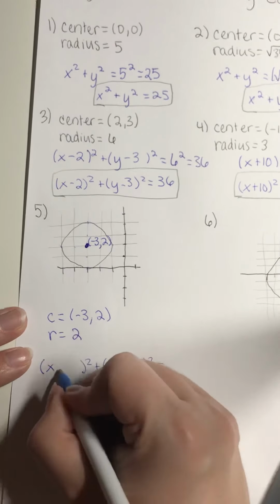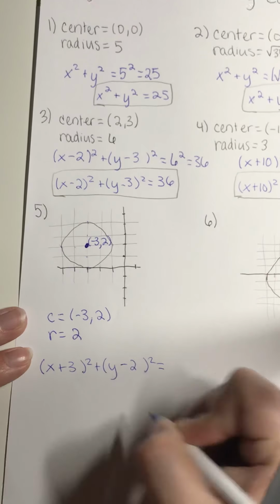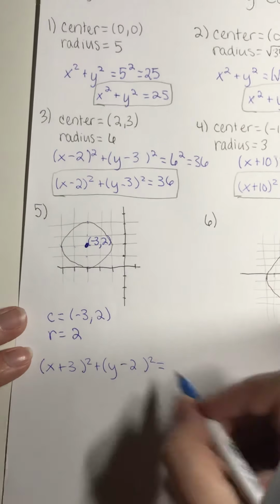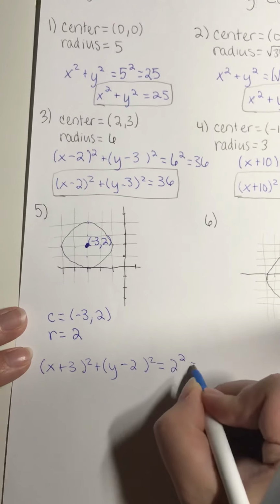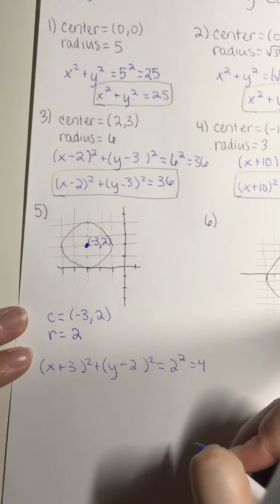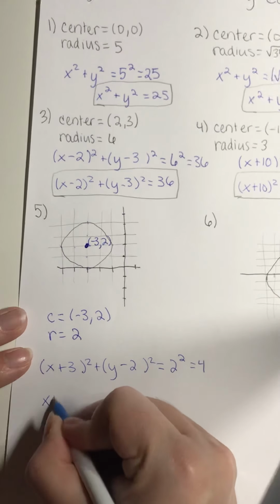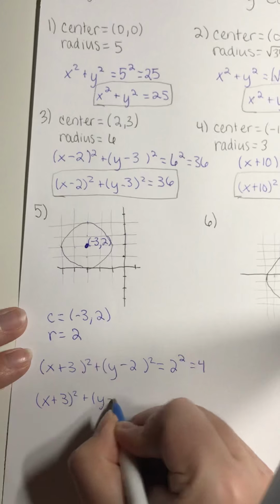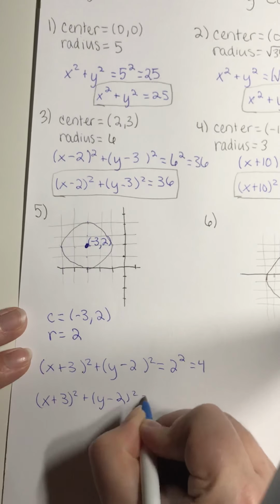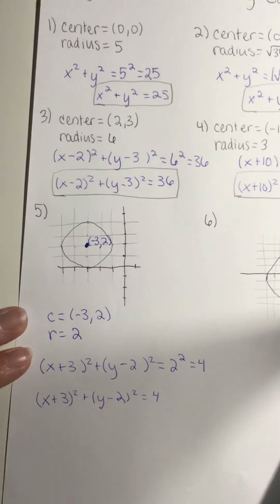The number next to my y will be the opposite of this one, so it'll be minus 2. I'm going to set that equal to r squared. If r is 2, then I'm going to put 2 squared, which is 4. So x plus 3 squared plus y minus 2 squared equals 4.